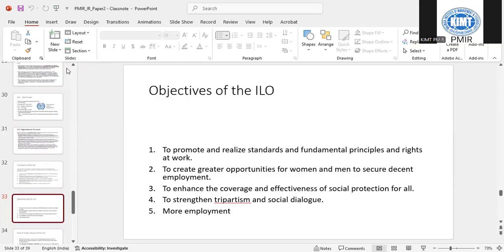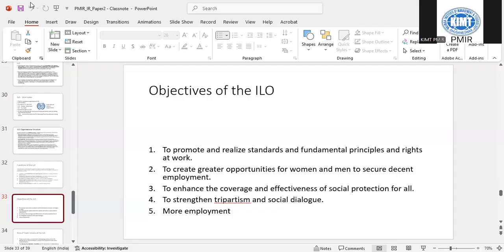So mainly all these three parties are involved. So employer, employee, and government. That is what is called tripartite. And this organization is mostly strengthening this tripartite and promoting the dialogue between all these three parties, employee, employer, and government.